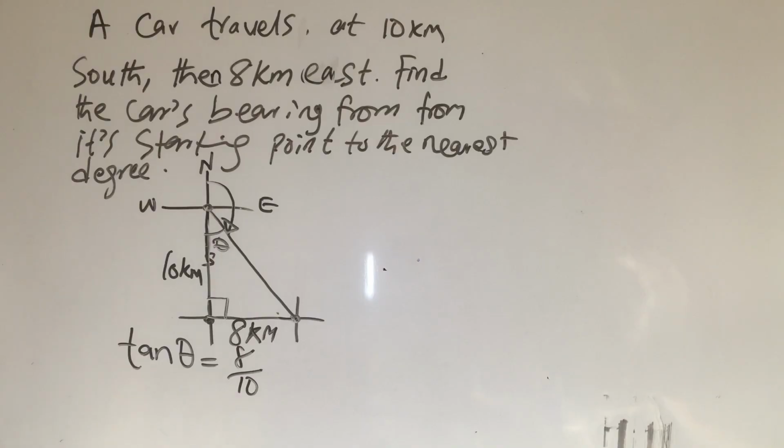Now, in order to find this angle theta, we will find the tan inverse of 8 over 10. Therefore, the angle theta equals tan inverse, that is tan raised to the power of negative 1, of 8 over 10, which will give us 39 approximately.